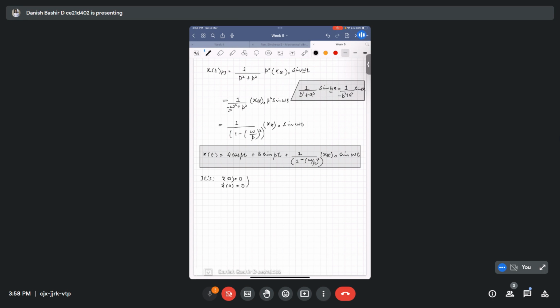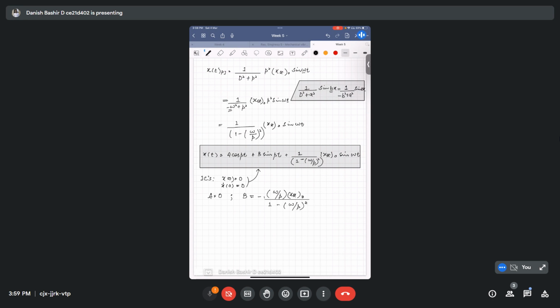When I use these initial conditions in the above equation, I get my two constants as a equal to 0 and b equal to, you have to carry out all these calculations yourself, I'm just writing the final values, minus omega over p times x static naught divided by 1 minus (omega by p) whole square.